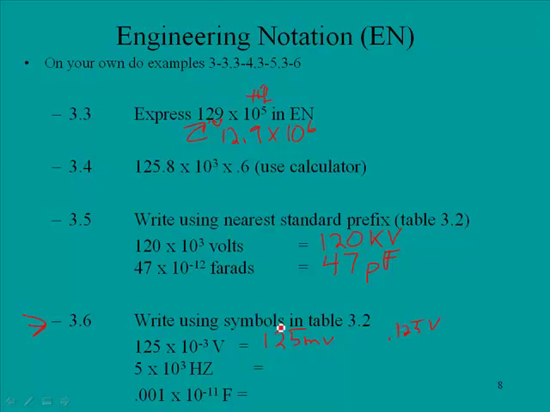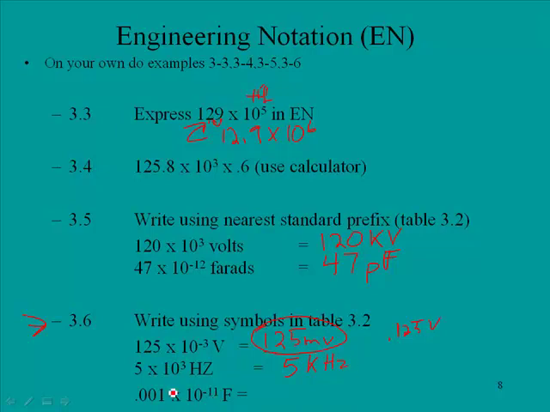We would typically, though, in electronics, write that like this, 125 mV. Then we have 5 times 10 to the 3rd hertz. Remember, 10 to the 3rd is 1,000, so that would be a K. So we would say 5 kHz for hertz.